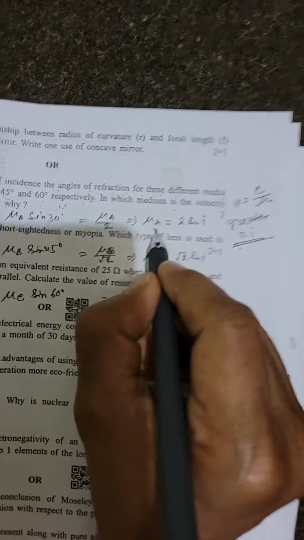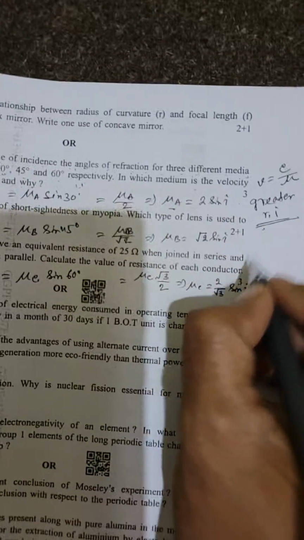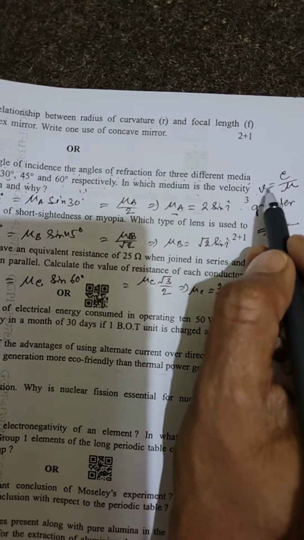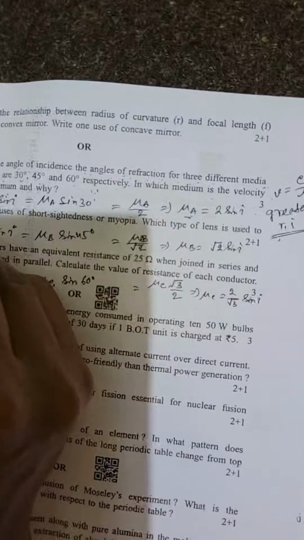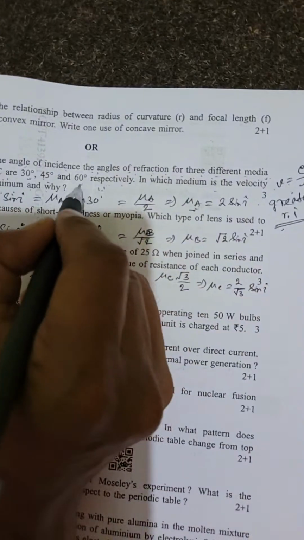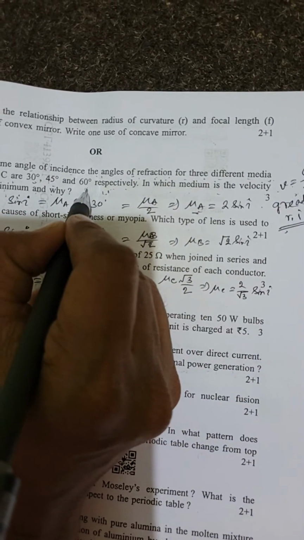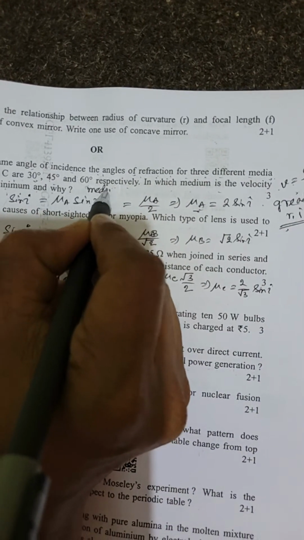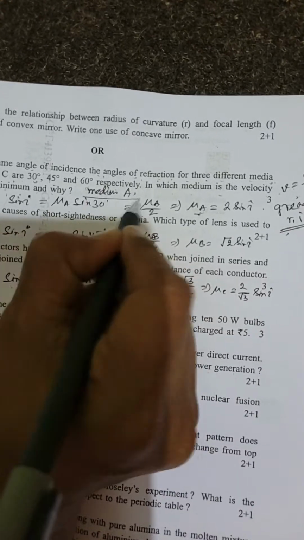So mu A is greater, and the velocity of light will be minimum in A. This is the explanation, and the answer would be medium A.